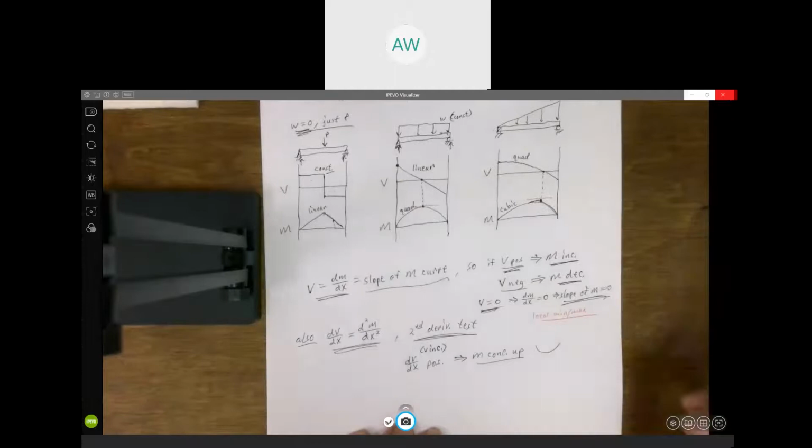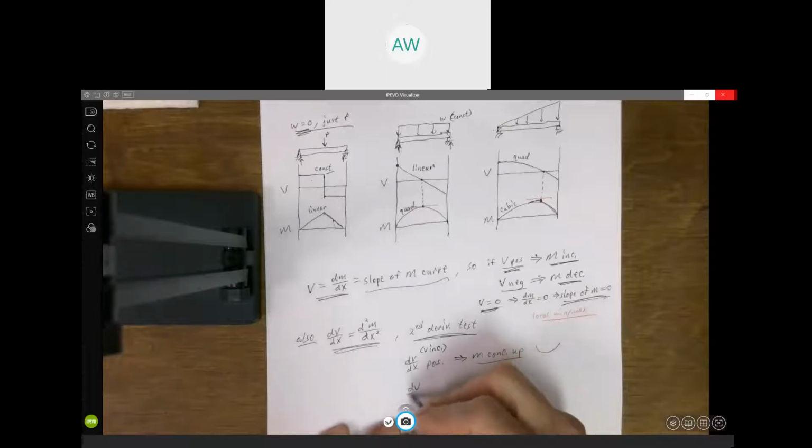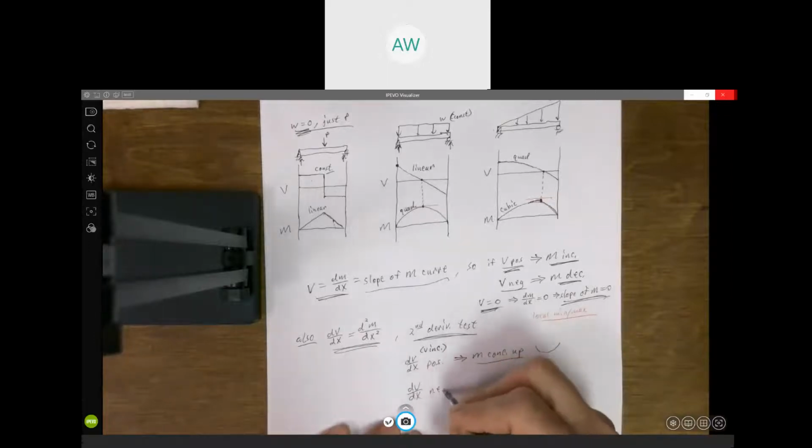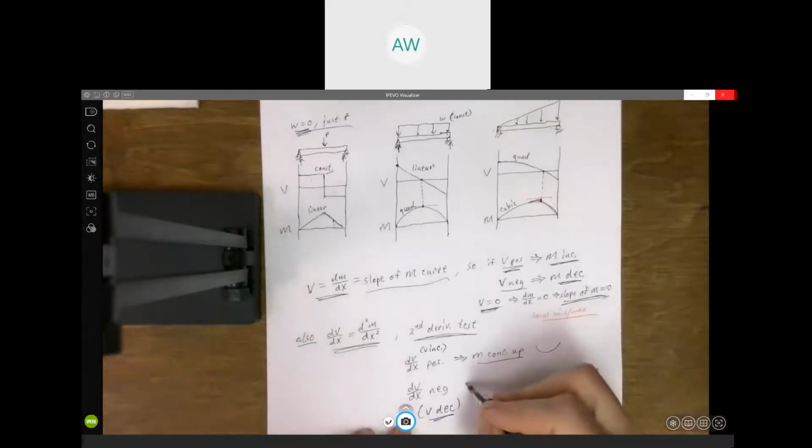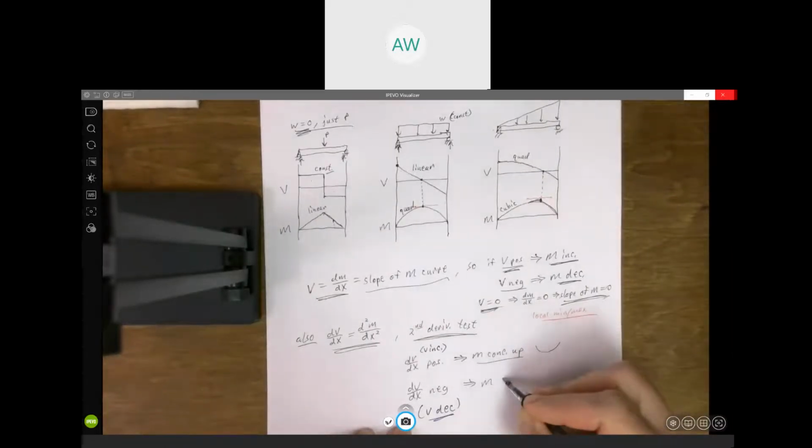V, the shear force, if it's increasing, our moment's going to be concave up. And conversely, if dV/dx is negative, that means our shear force is decreasing. The second derivative of the moment is negative. That means it is concave down.